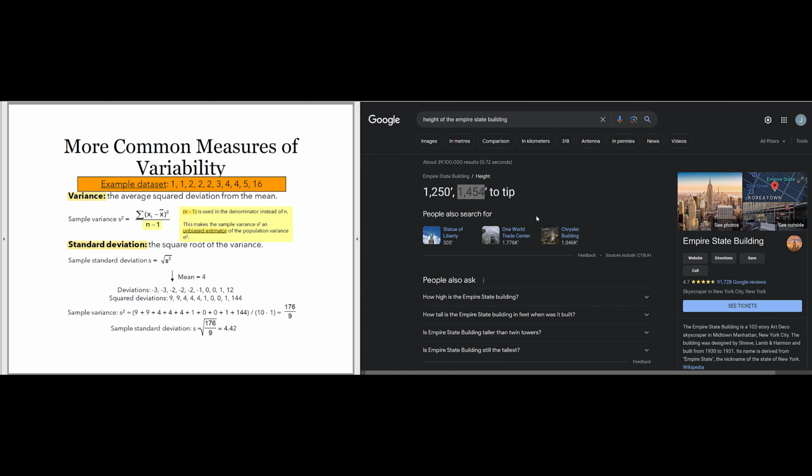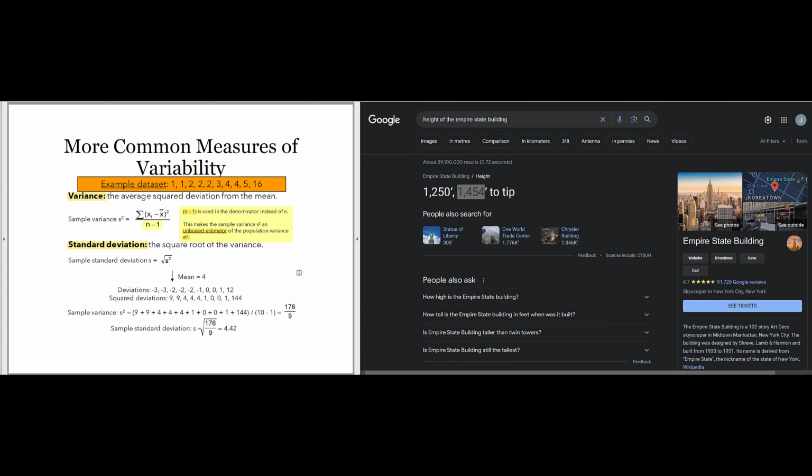Now I ask you, what is the variability in the height of the Empire State Building? Without resorting to craziness like maybe it grows or shrinks according to temperature, there's no variability. The height doesn't vary. It is this number. It has no variability, and therefore its population variance is going to be 0.